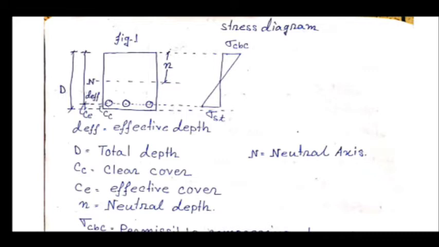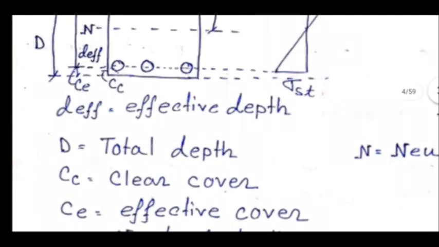You can see the abbreviation C suffix C, that means clear cover, which is from the lower end of the bar to the bottom fiber of this cross section.